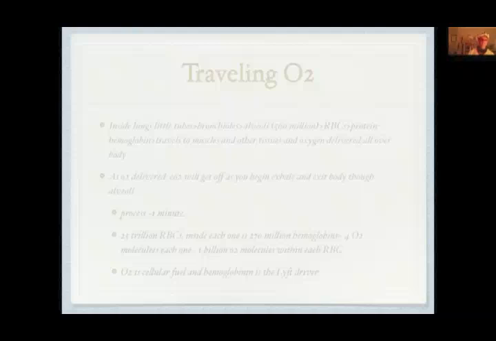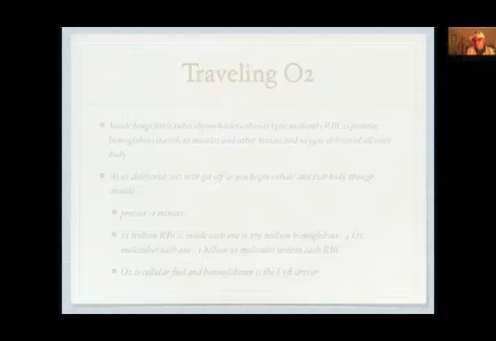Traveling oxygen. So inside your lungs, you have little tubes called the bronchioles, and these go down to the alveoli, however you pronounce that. You have about 500 million of those.